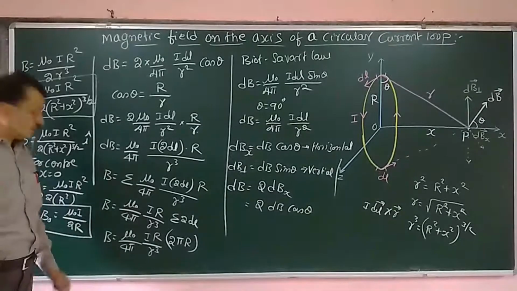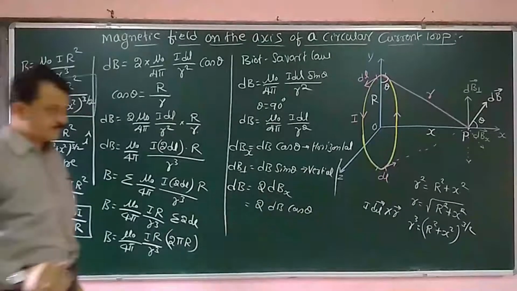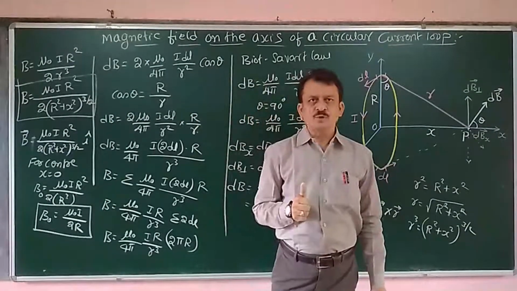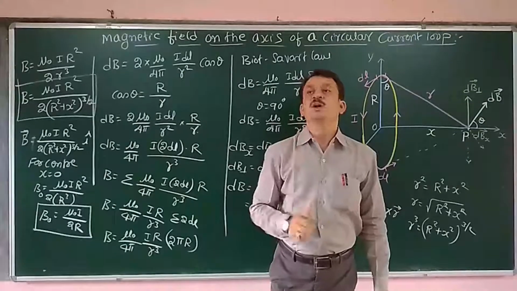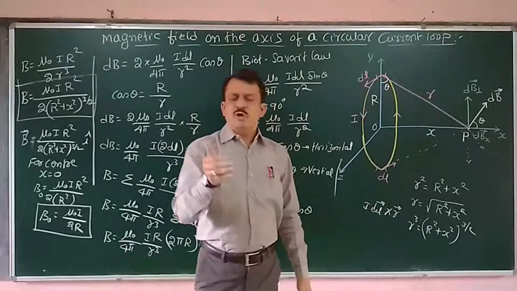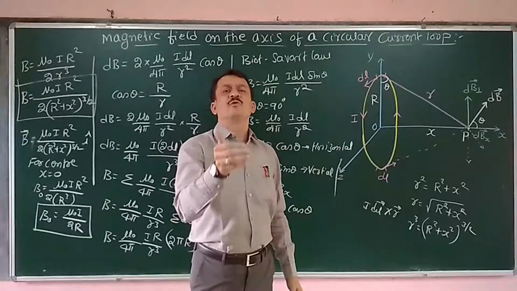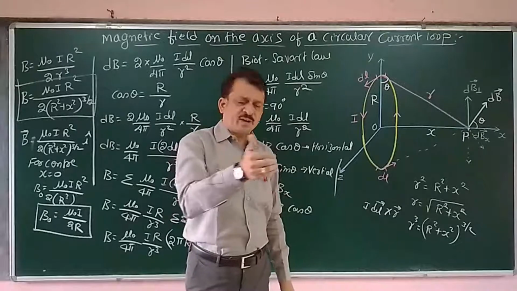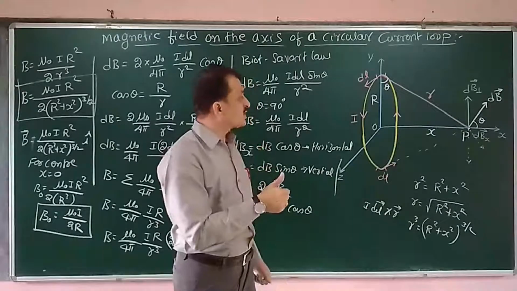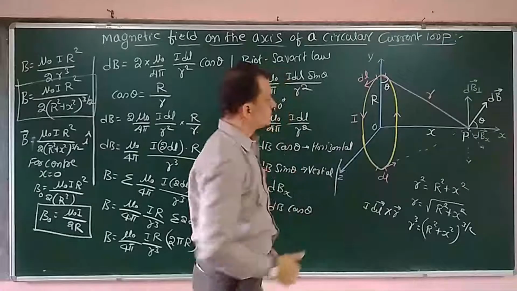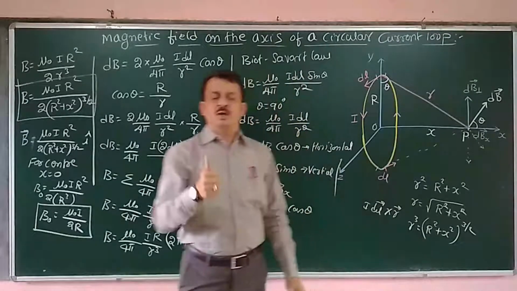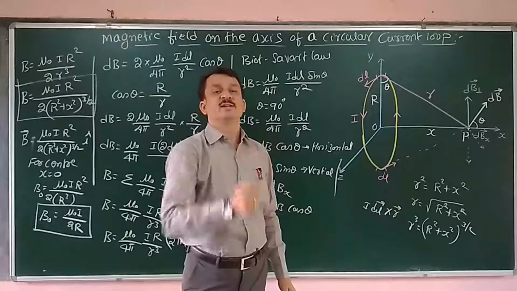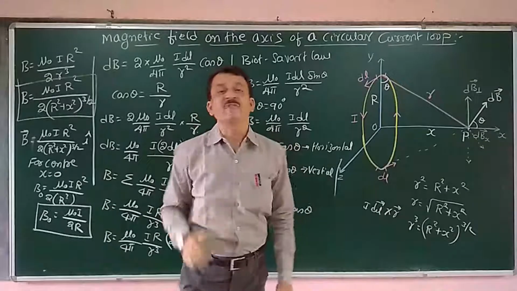Clear? Now the direction of this total magnetic field is given by the right hand thumb rule. It states that if you curl the palm of your right hand such that the four fingers point in the direction of current flow, then the extended thumb of the right hand indicates the direction of the total magnetic field.